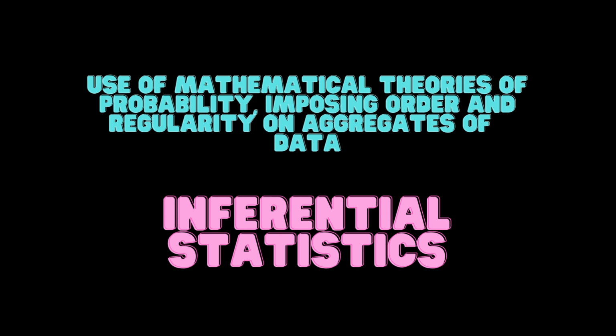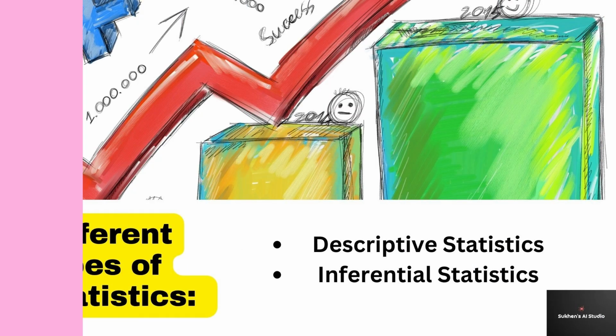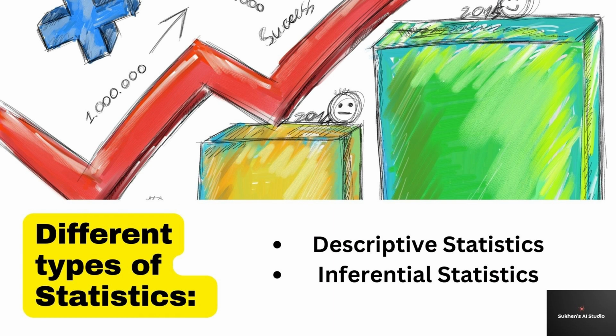This is nothing but inferential statistics. We infer meaningful patterns, imposing order and regularity on the data. We will be focusing more on inferential stats as it is very important in our future videos. But for now, seeing this definition, we can say that statistics is broadly divided into two types: descriptive or summary statistics and inferential statistics.